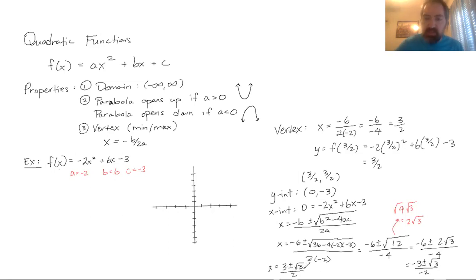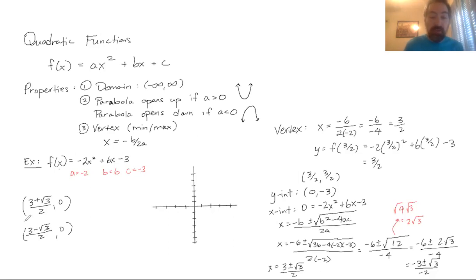So that's my x-intercepts, the plus or minus tells me that I have 2 x-intercepts. Let me come back here and split that. So I've got (3 plus square root of 3) over 2, comma 0 for the x-intercept. And then my other ordered pair is (3 minus square root of 3) over 2, comma 0. All right, these are the exact numbers. We like exact numbers.